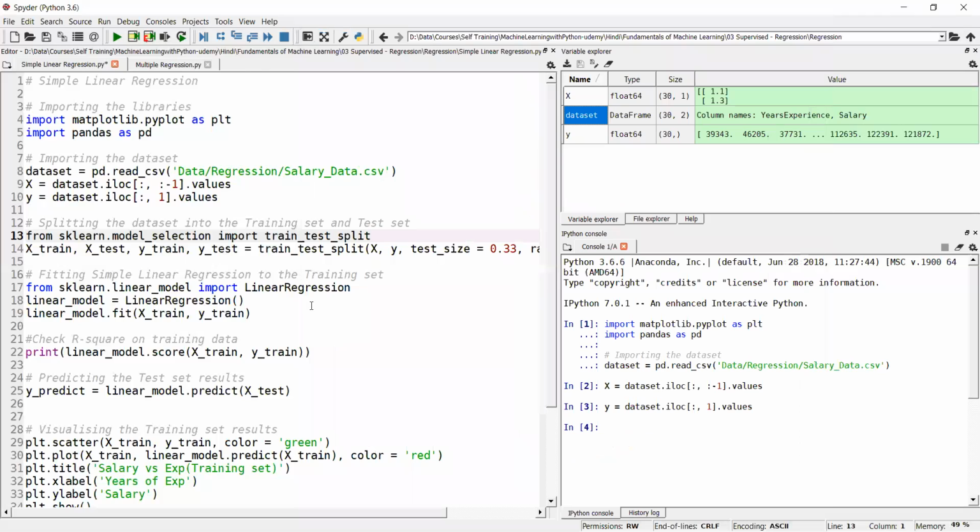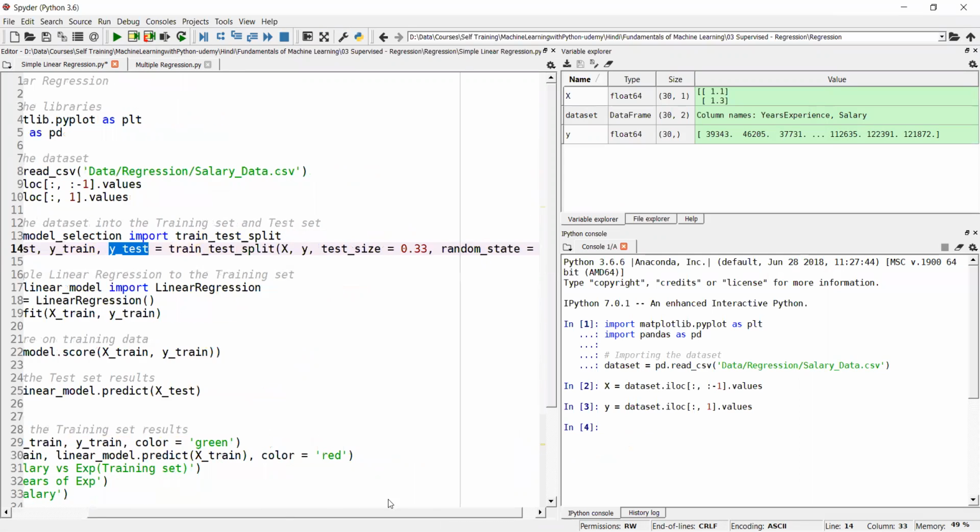Okay, so now we split this. These two, X and Y, are getting split into four variables now. X will be split into X train and X test, and Y will be split into Y train and Y test, and this is the syntax.